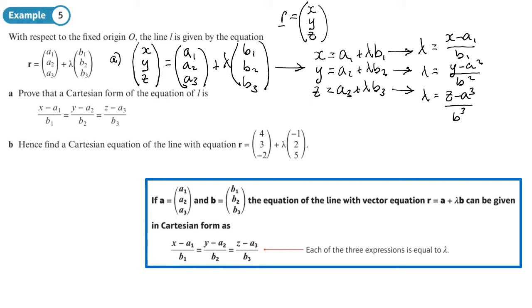Now if they're all equal to lambda, they're all equal to each other. So the last step would be that (x minus a1) over b1 equals (y minus a2) over b2 equals (z minus a3) over b3.